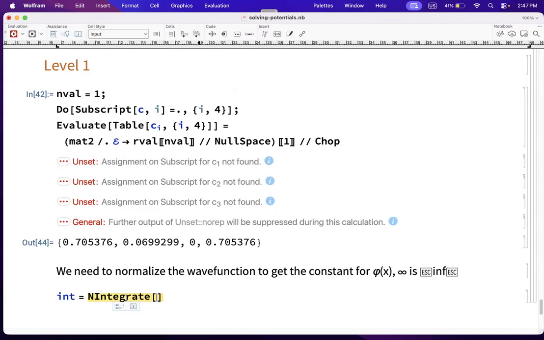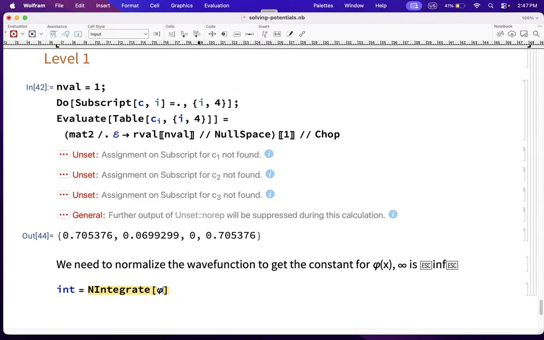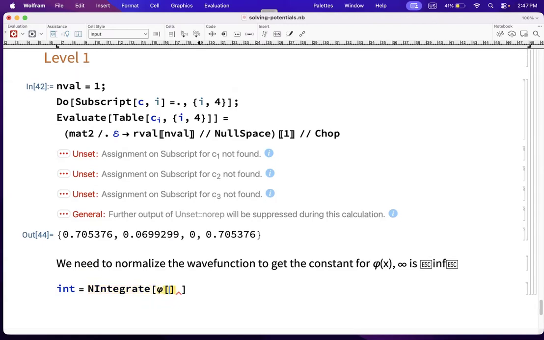Since we have a constant here, multiplied by this, it has to be one. So we want to find the normalization constant. Basically we want psi conjugate of x, times this.